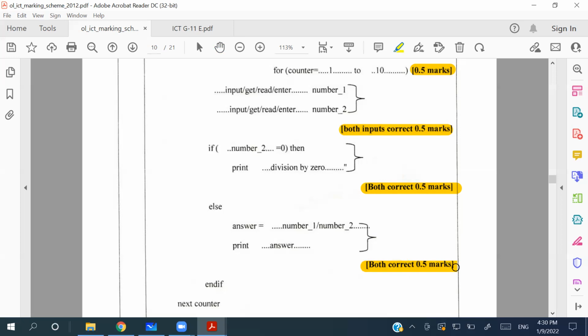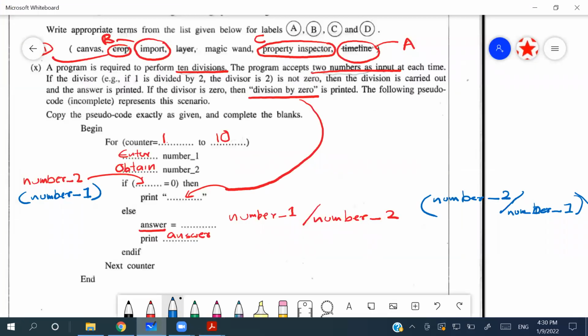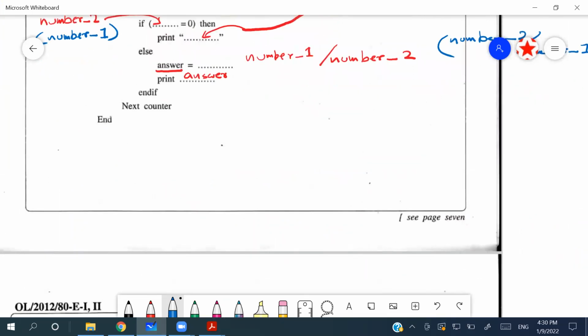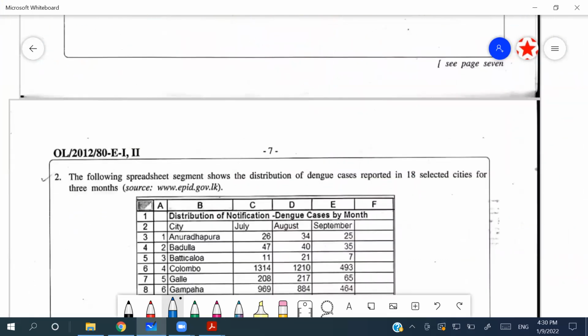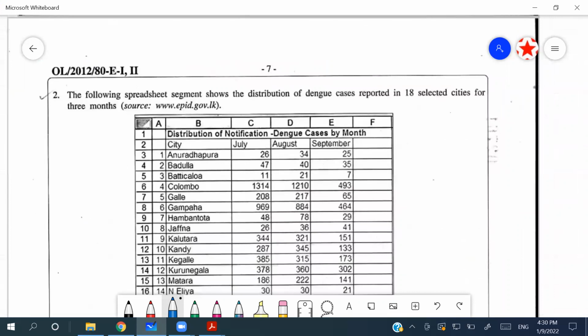Okay, so that brings us to the end of the first question. So you can see how much you got out of 20. By next week, we are going to finish the rest of the 2012 questions. And if we get the chance, we are going to discuss the 2013 MCQ one as well.